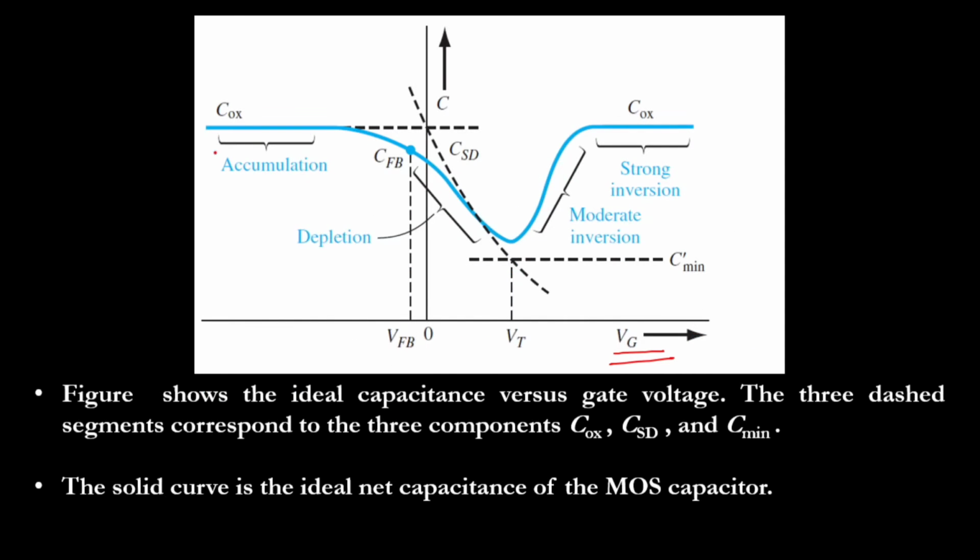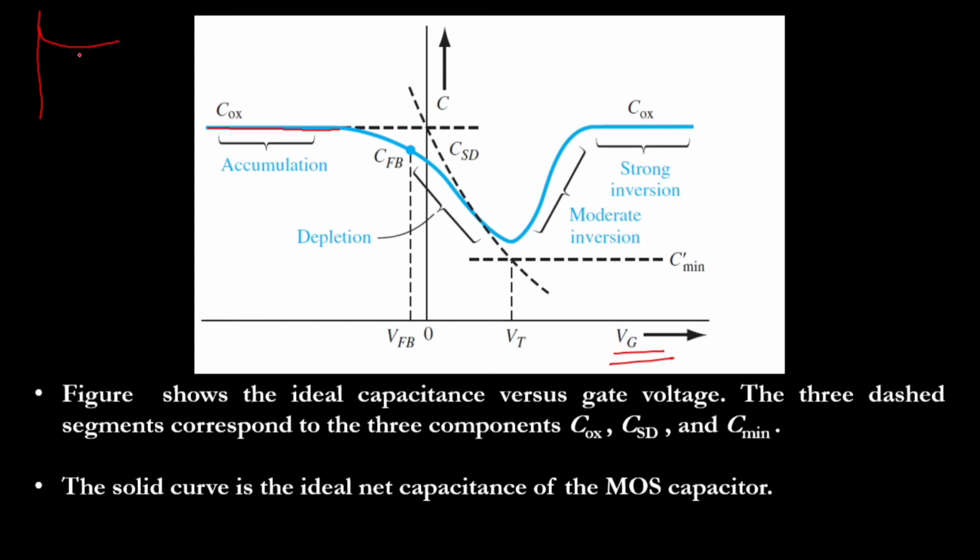At accumulation, we know the negative charge is there in the metal side and positive charge is there in the semiconductor side. The capacitance will be maximum. So you'll get a capacitor like this, right? At the same time, if you remember that band diagram, the band is something like this.